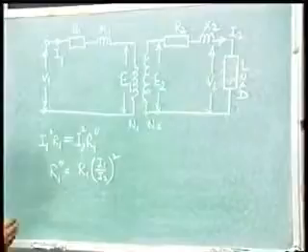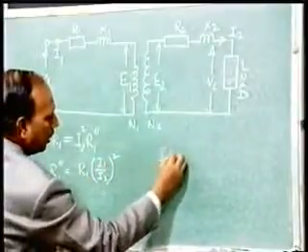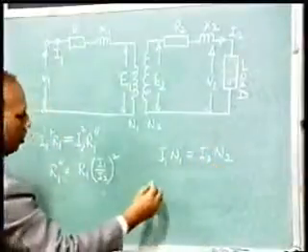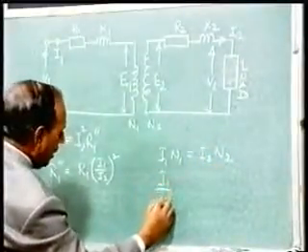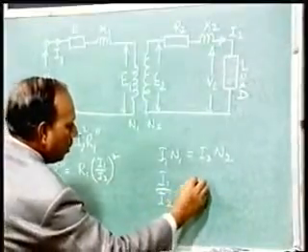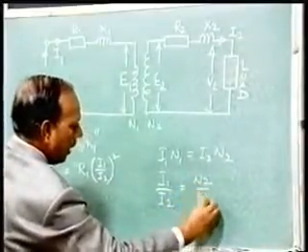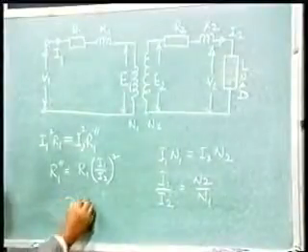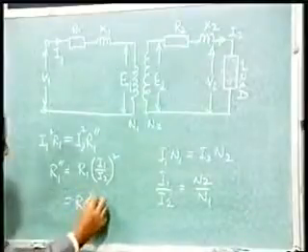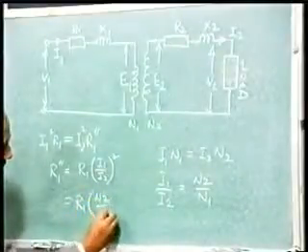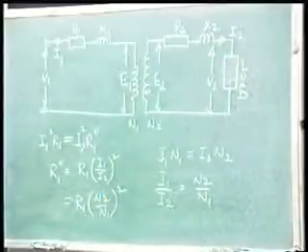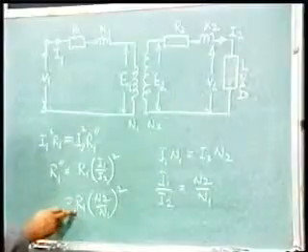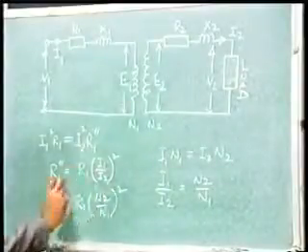And as you know, I1 into N1 is equal to I2 into N2, so I1 by I2 is equal to N2 by N1. So by substituting you get R1 into (N2 by N1) whole square. Thus R1 double dash is equal to R1 into (N2 by N1) whole square.